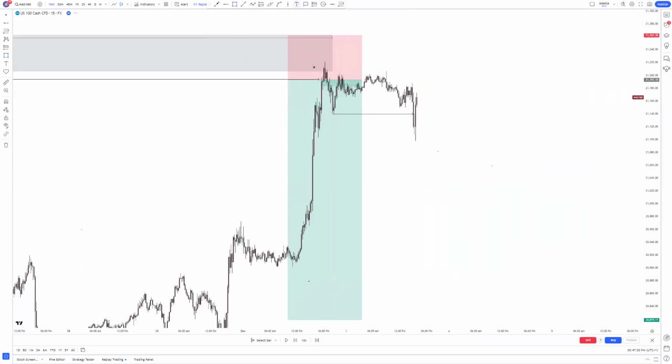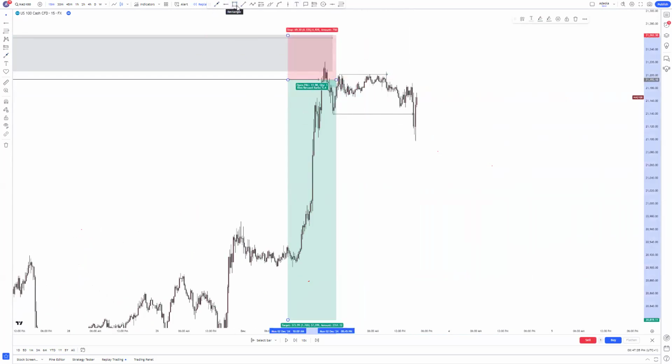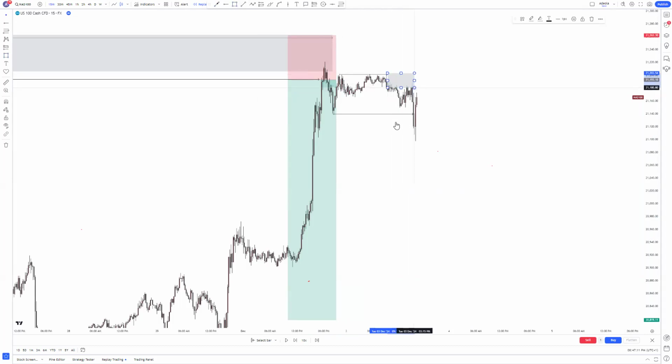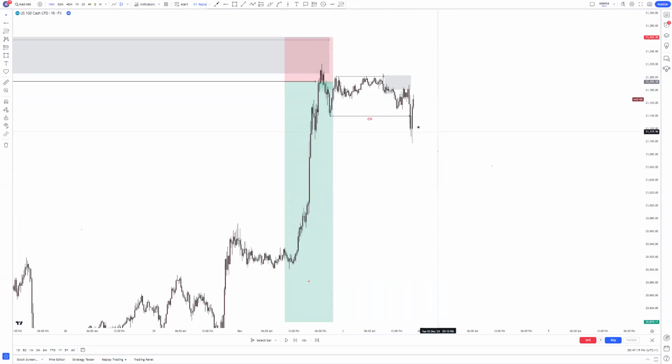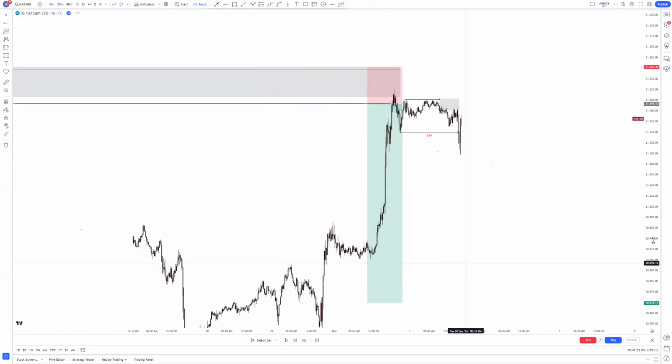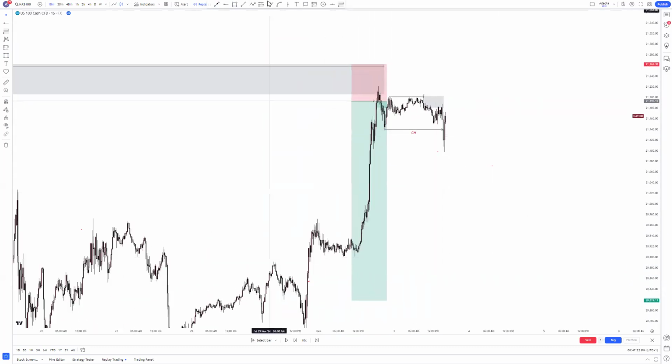Yeah, something like this. Sweep, right? After that sweep, this is it. This is what they now call the change of character, or break of structure. Anyone wants to start selling as a confirmation entry trade, but this is not a change of character.